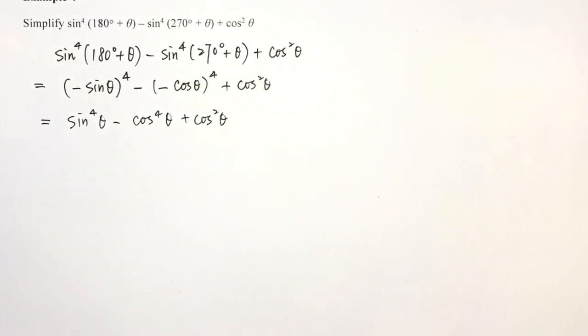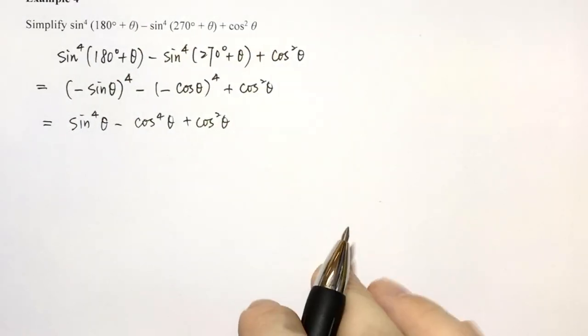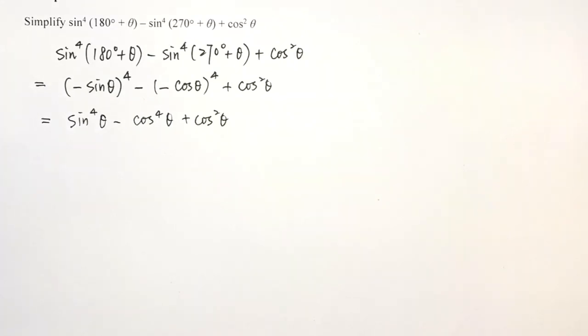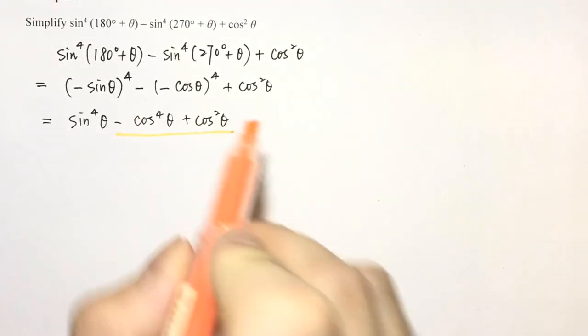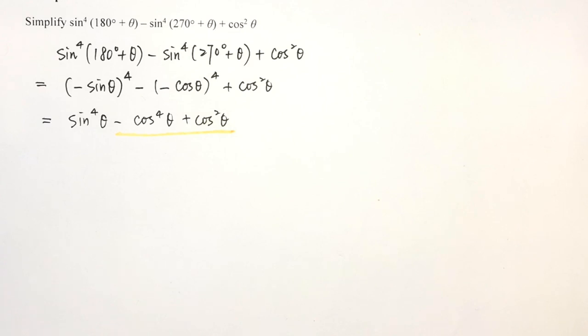Okay? So here we have so many ways to deal with this. Some of you would think of, oh, I can see these two terms having cosine square theta as common factor. I would like to pick it out or what. It's okay, and you can get the final answer.